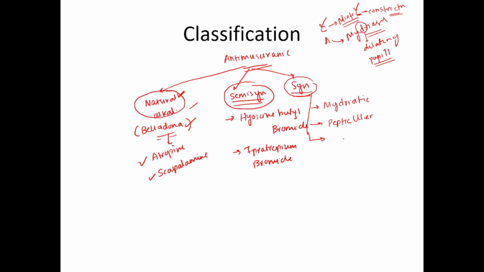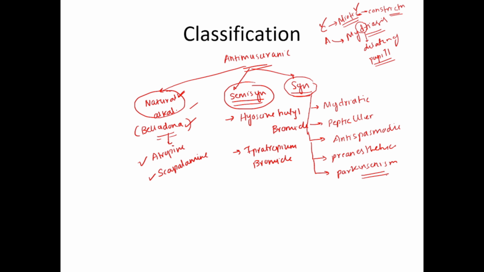Then we are going to have the anticholinergic drugs which act as antispasmodic, then the drugs used as pre-anesthetics, and then the drugs which help in treating Parkinsonism.